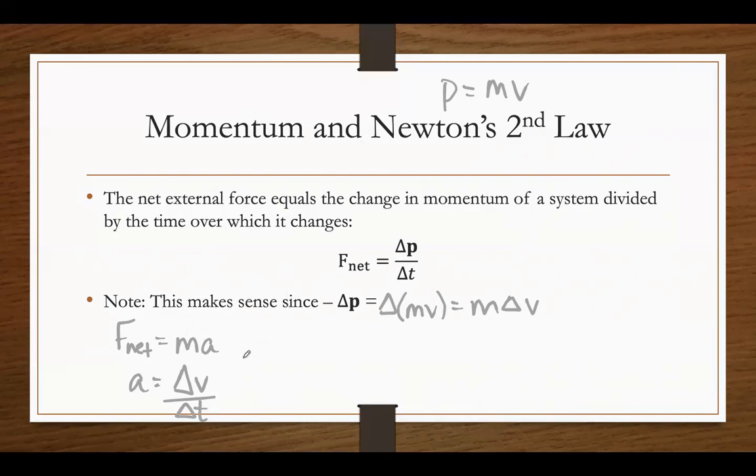So if I plug this into my F net, it's my mass times my acceleration, which is delta V over delta T. And we see our change in momentum is the same as mass times our change in velocity.